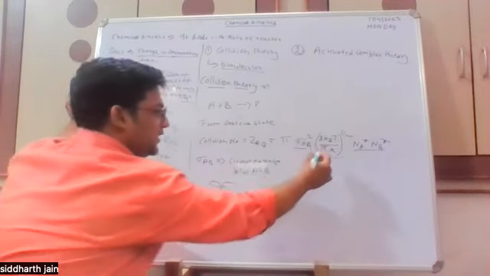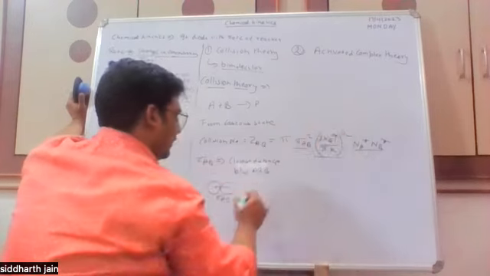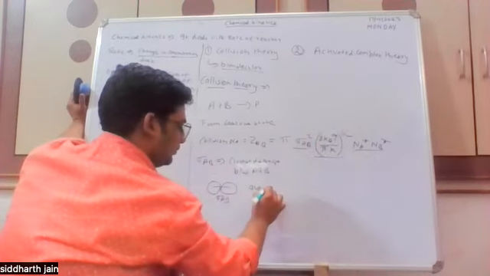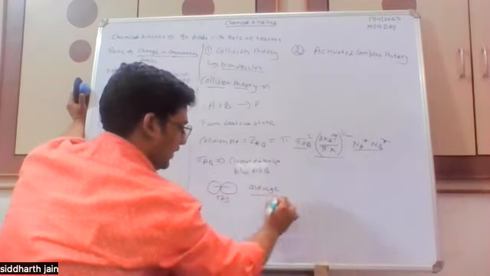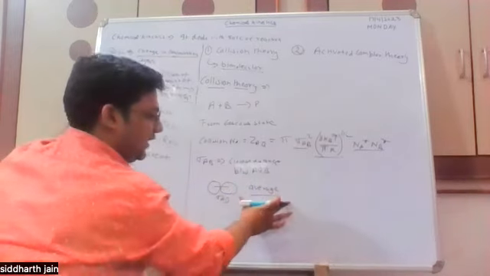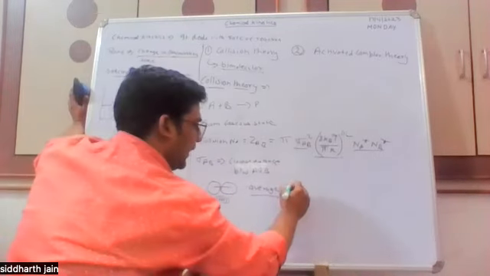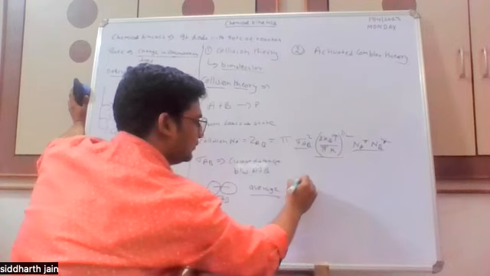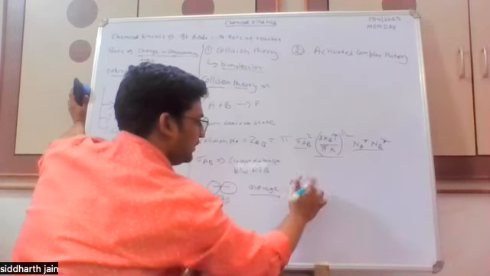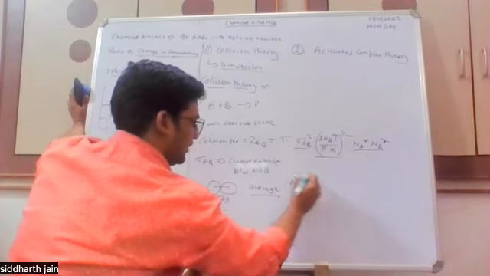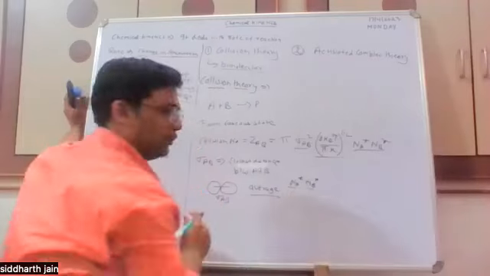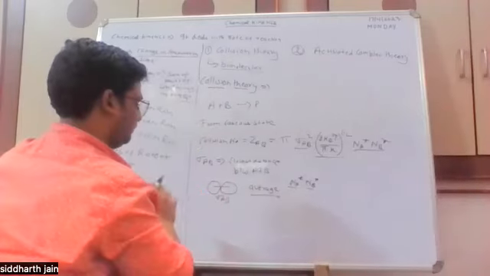And this 8 kBT by pi mu is the average speed, as we have already derived from the Maxwell equation. And NA star and NB star are the number densities of A and B molecules in the system.